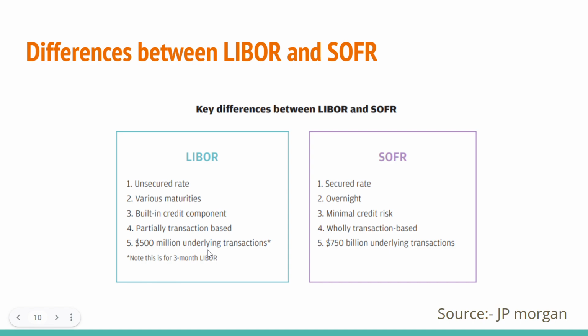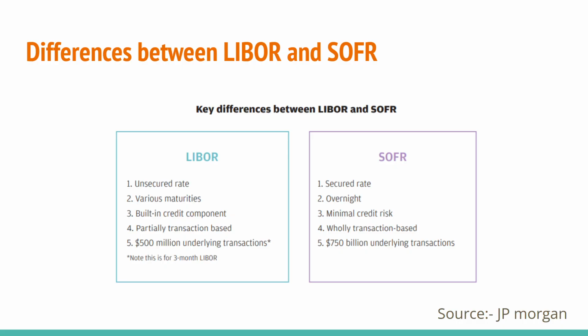And this data, it is not accurate. Basically, if I have to give the accurate data, the 3 month LIBOR, okay? If you're talking about the 3 month LIBOR, it had a transaction volume of $1 billion, right?